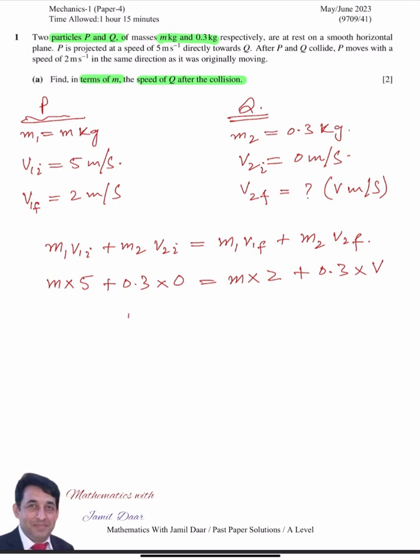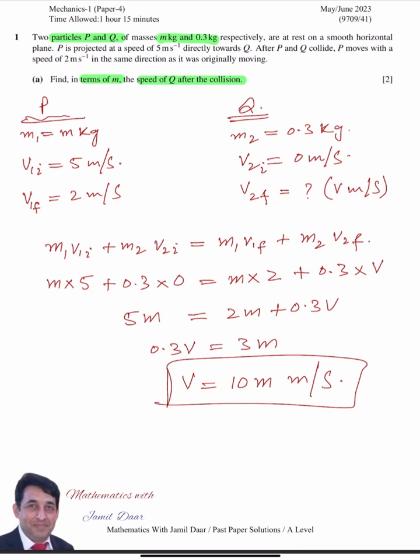So this is 5m is equal to 2m plus 0.3v. So 0.3v is equal to 3m and v is equal to 10m meter per second. This is the velocity of Q after collision, so this is your answer for part A.